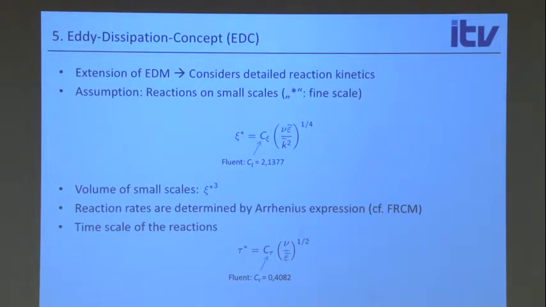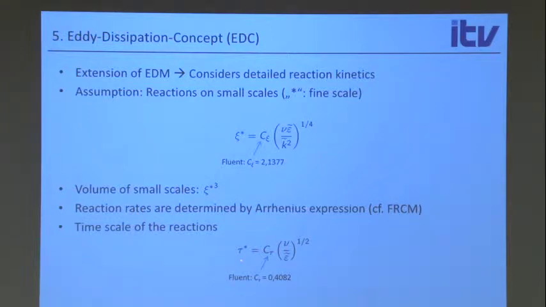This star here stands for the fine scale. And so this is a length, and it's defined somehow like this. You see it's a small scale because the viscosity appears here. There's a coefficient which is given here. This is what Fluent uses. And then if I take this cube, that gives me a volume.